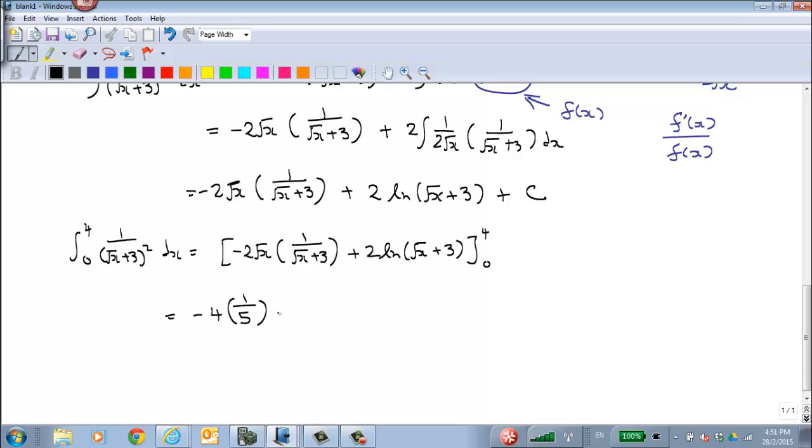Okay. So what we have will be something like this. Double check the working again. Sorry, it should be a plus, okay. So this should be a minus.